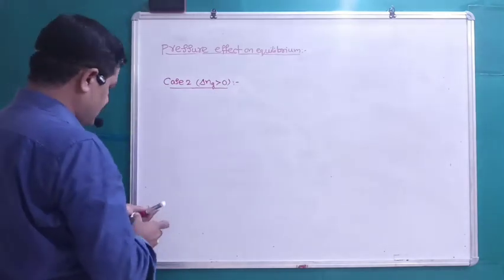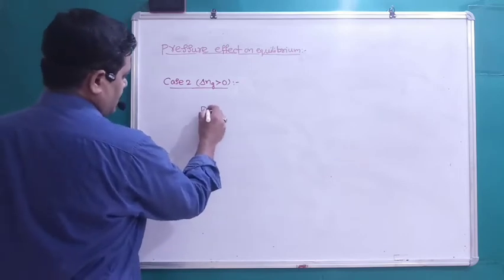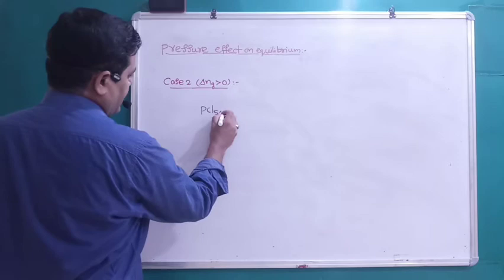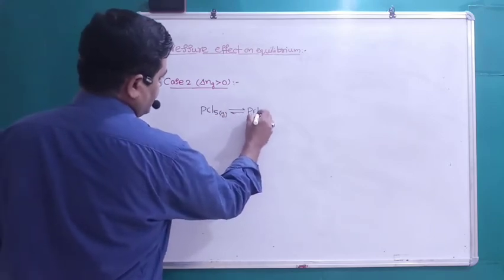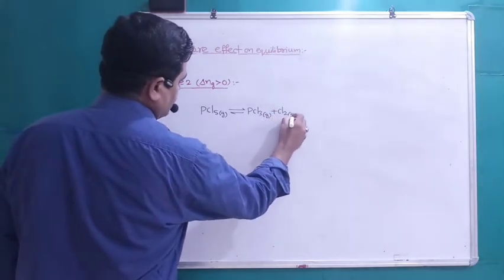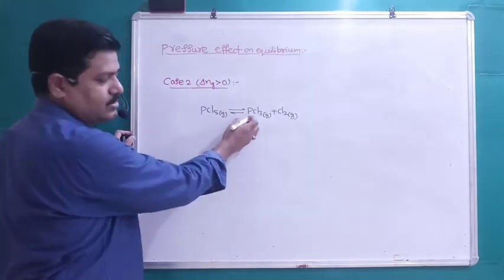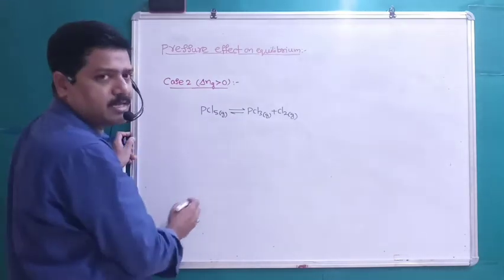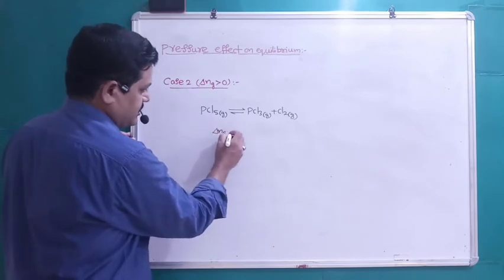Let us consider one equation which is in equilibrium: PCl5 gas gives rise to PCl3 gas plus Cl2 gas. Let us find out delta Ng for this reaction.